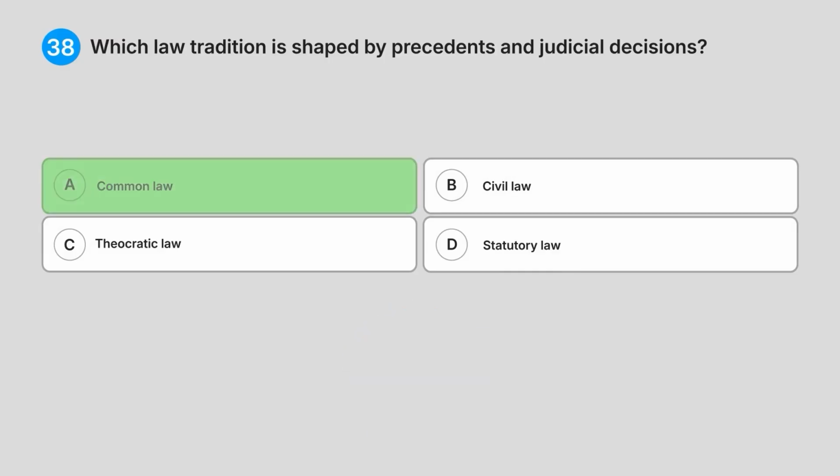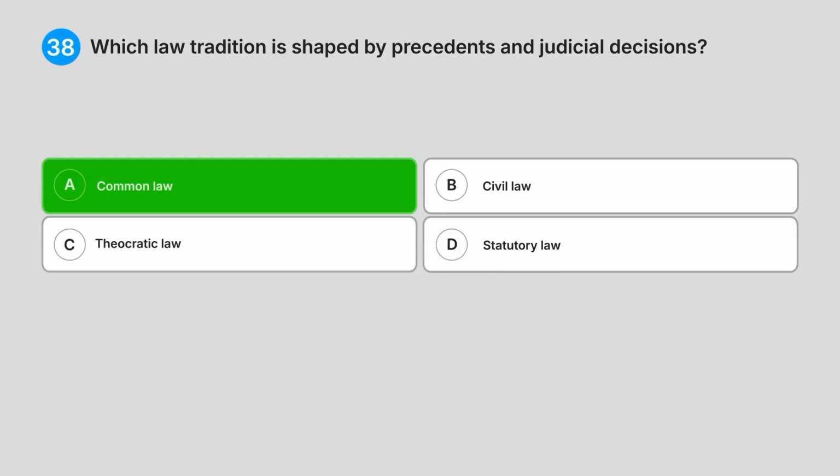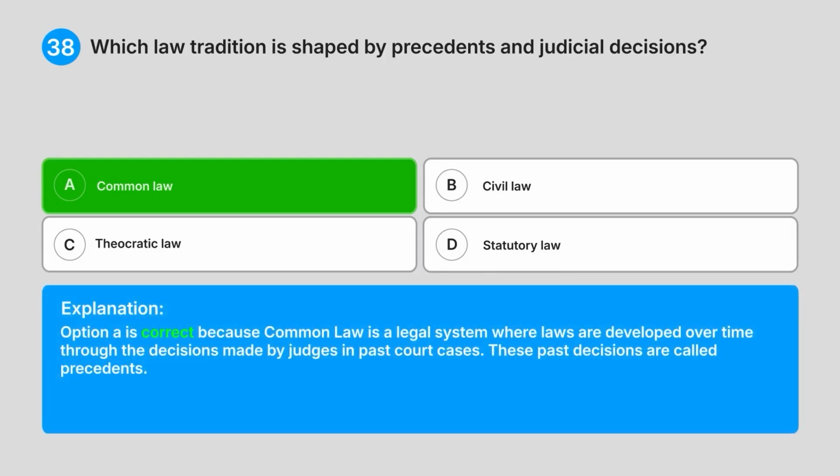Correct answer, A. Common law. Explanation. Option A is correct because common law is a legal system where laws are developed over time through the decisions made by judges in past court cases. These past decisions are called precedents.